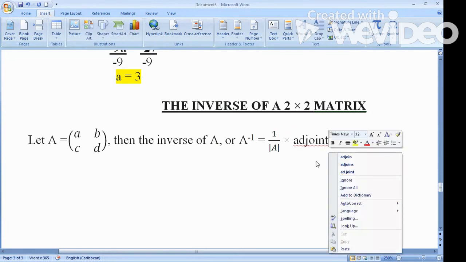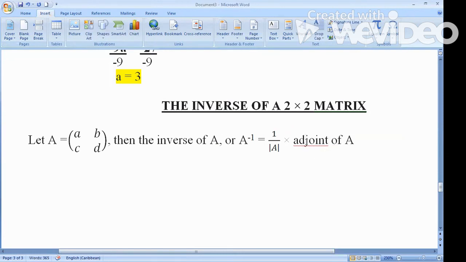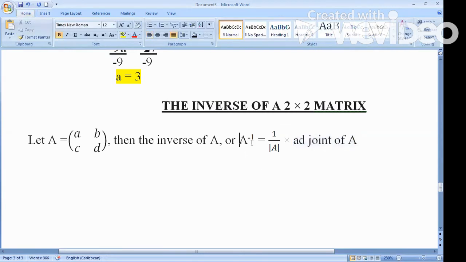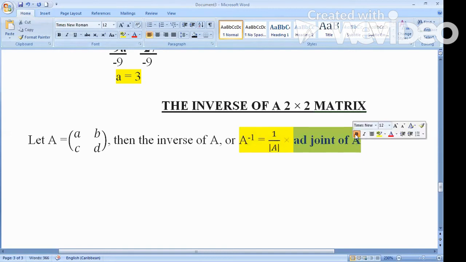But what is this adjoint? This is the formula, but what is that? So that's what we're going to look at now.